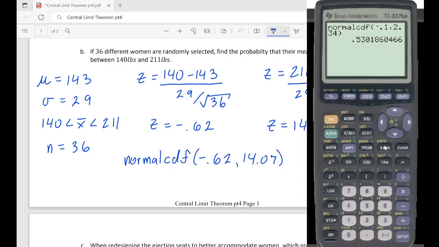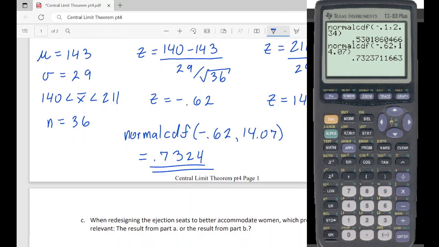So second vars, number 2, negative 0.62, comma 14.07, close and enter, and we get 0.7324. So 0.7324 is the probability of selecting 36 women with their weights between 140 and 211 pounds.